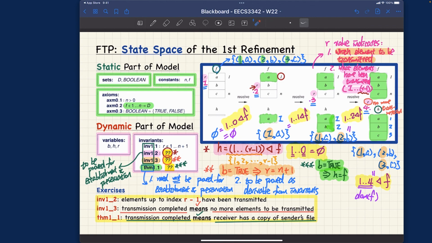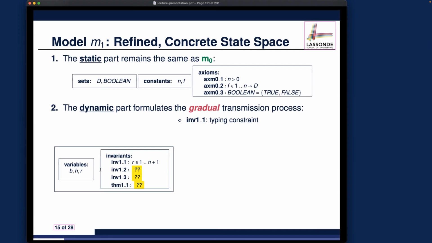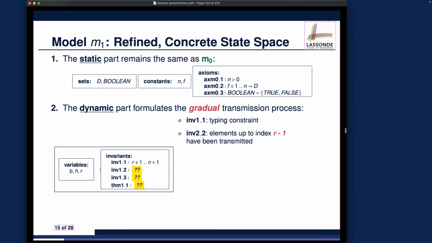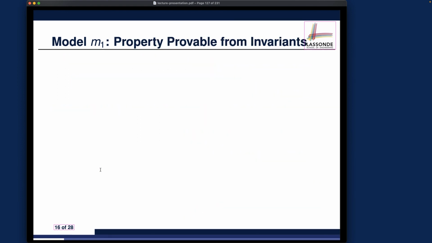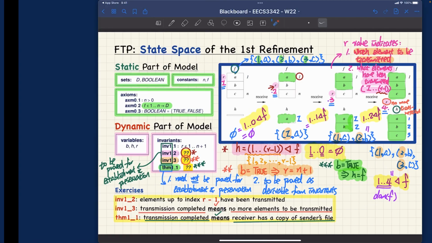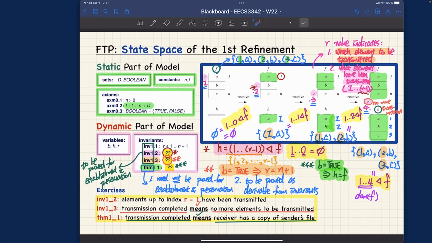There's one more thing I would like to mention before we actually move on to proving the invariance. These are just something we have gone over. And how do we prove a theorem or a property that's derivable from invariance? What you want to do is, as I said before, take all the invariant conditions as the hypotheses because they should be derivable to each of the theorems that you declare.